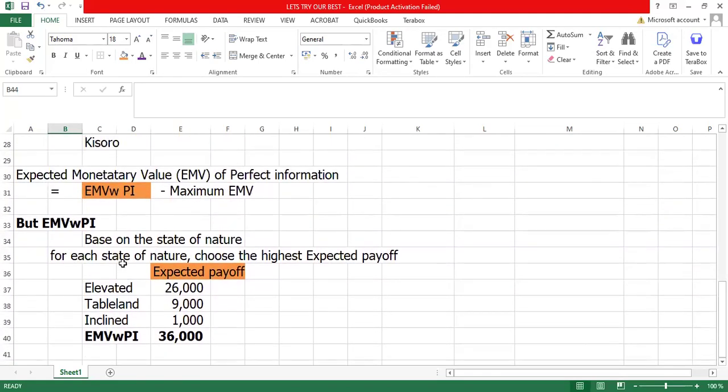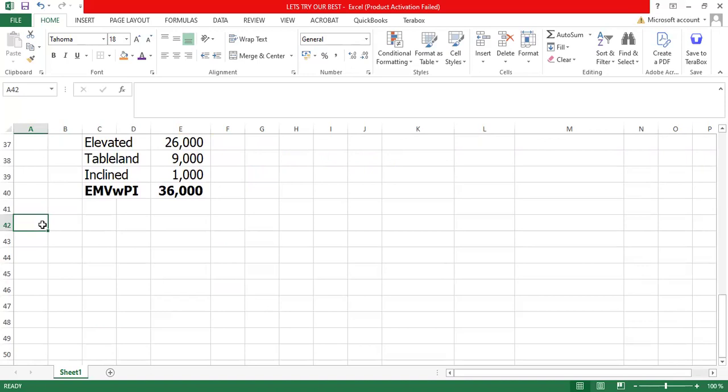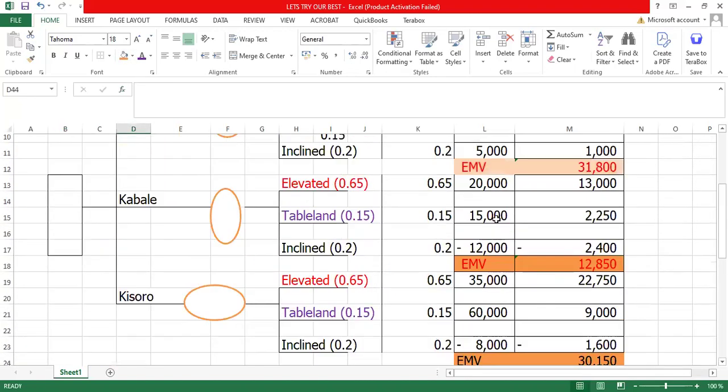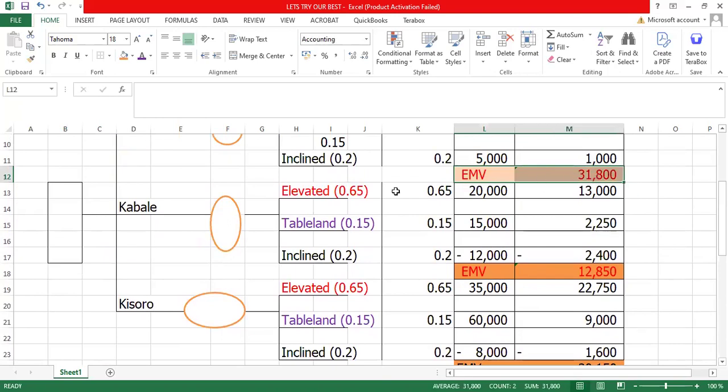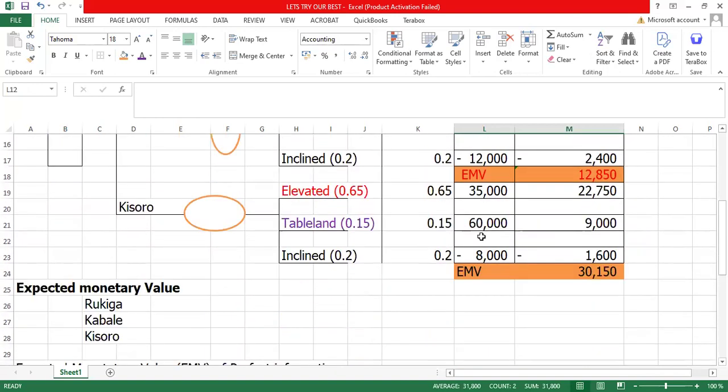So next, do you have the maximum? What is your maximum expected monetary value? Remember, you already have your expected monetary value for each alternative, for Kaba, for Ruchiga, for Kabare, for Kisoro.